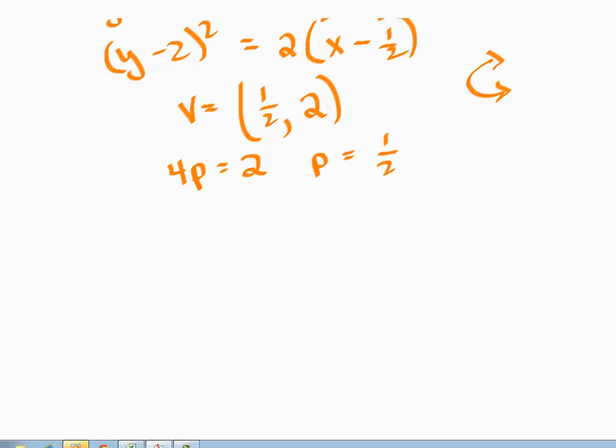Okay, so now in order to graph this, let's make a nice little graph down here. I'm going to make it a little bit wider so that we can see it. There we go. My vertex is 1/2, positive 2, and I'm going to be opening to the right.